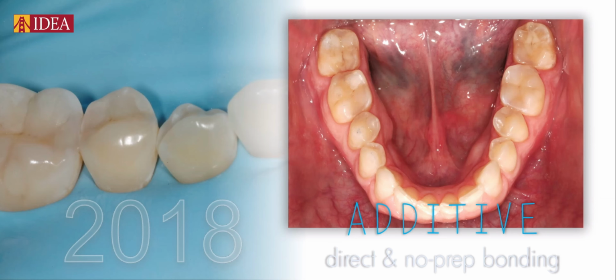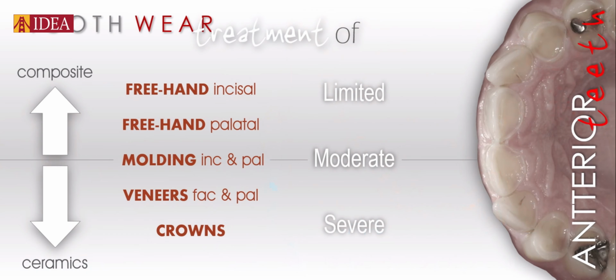Because at the end of the day, whatever technique we use, with zero compliance of the patient, we usually expose ourselves to some sort of failures. But with composite, the beautiful advantage of composite is that you never get severe failures. This is what we call minor failures.